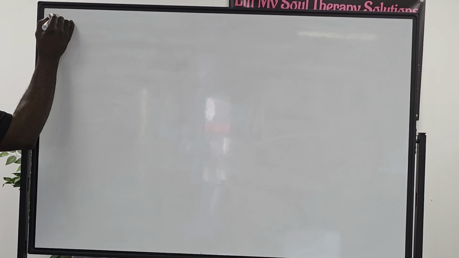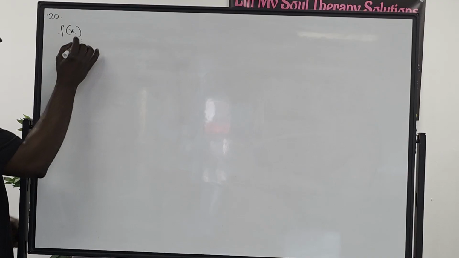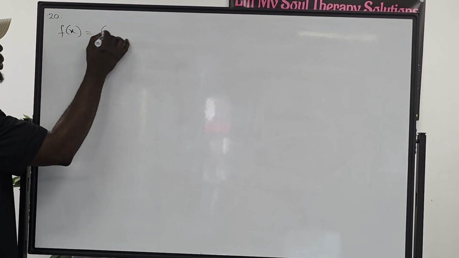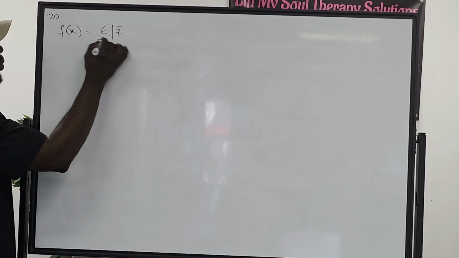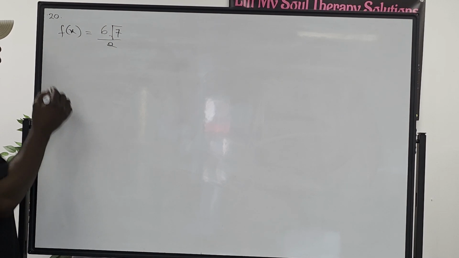Question 20 says, let f be the function defined by f of x is equal to 6 square root of 7 over 2. And it says the domain of f is the set of all real numbers.